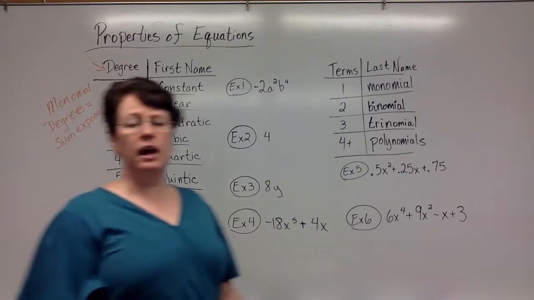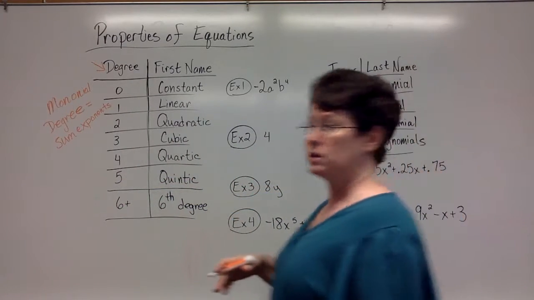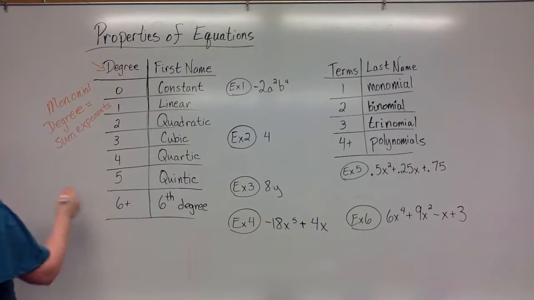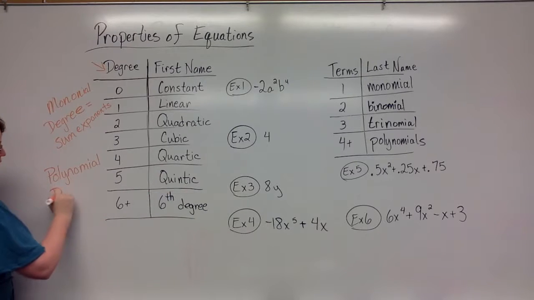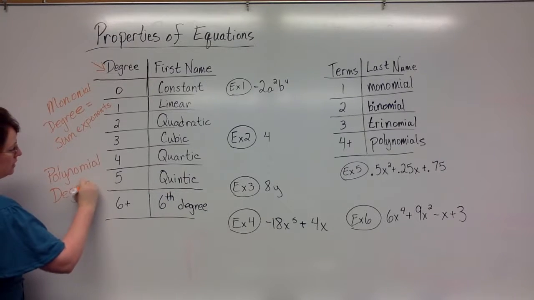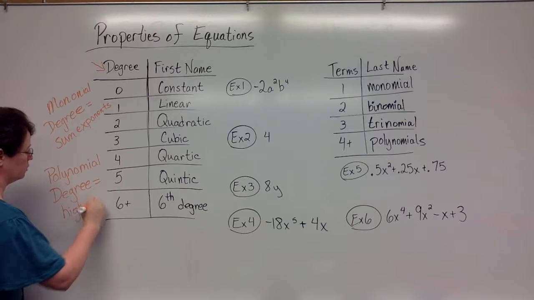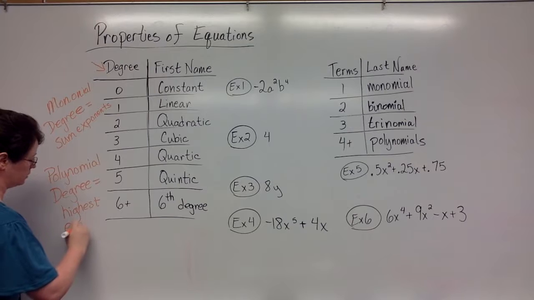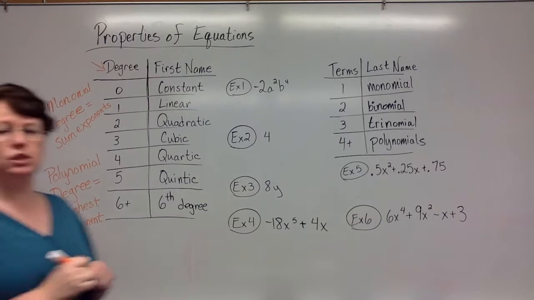If I have a monomial, my degree is the sum of the exponents. We're getting ready to do an example of that. Anything else? Any other polynomial, the degree is the highest exponent. Not the first one, the highest exponent. All right? So let's look at that.